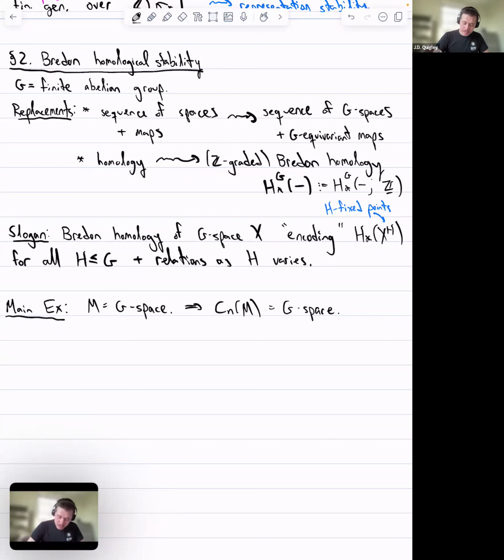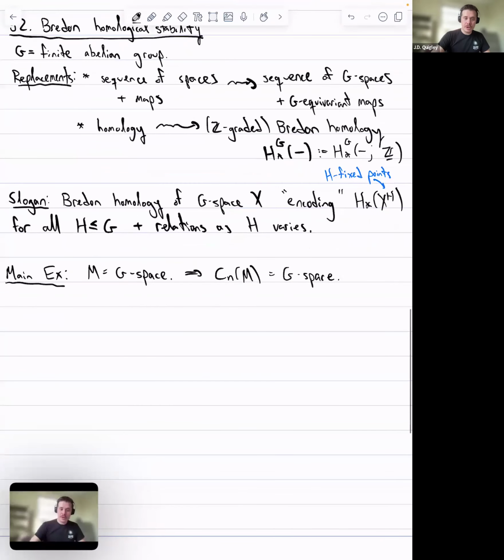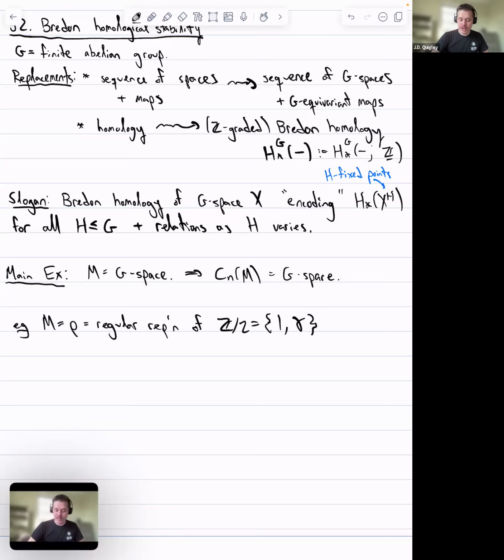Okay. So here's a picture. Throughout the talk, my working example is going to be where M is the regular representation of Z mod 2, which I'll write as rho. 1 is the identity element, gamma is the non-trivial element.